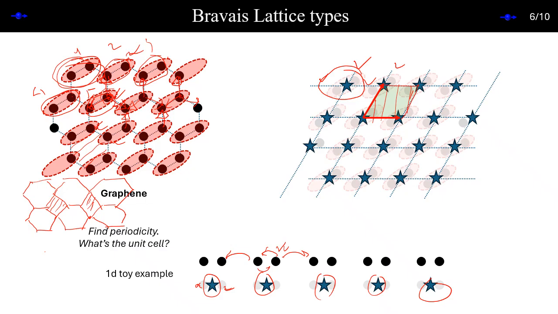Later there will be a mini project where you'll exercise this kind of thing: if you have several on-site atoms as shown here, how do you handle it? But overall, is it clear? This is very important. Whatever looks barely periodic might not be a Bravais lattice. That's the essence. Are you able to follow this?